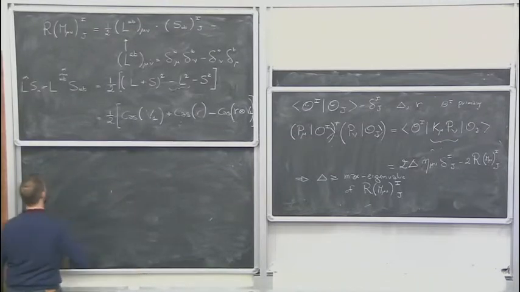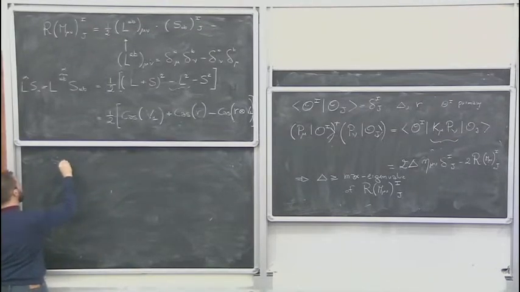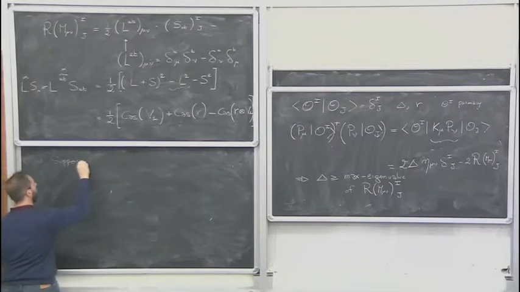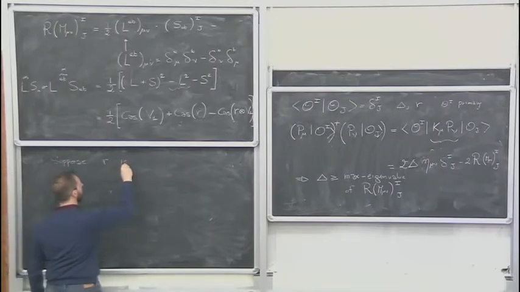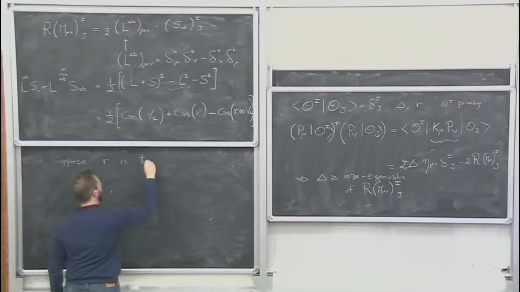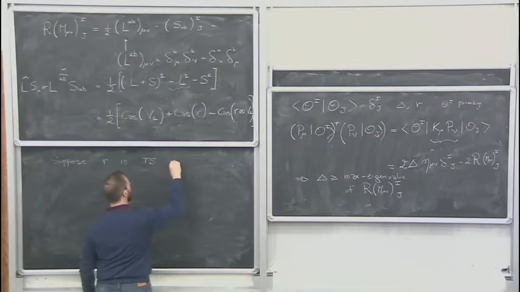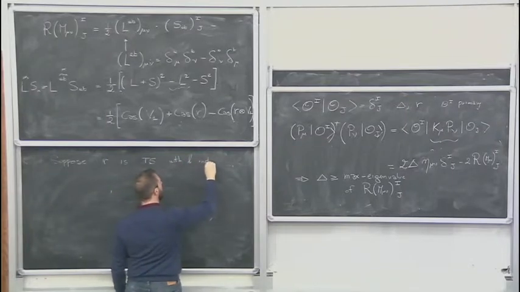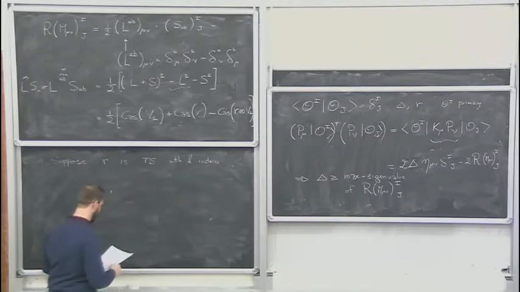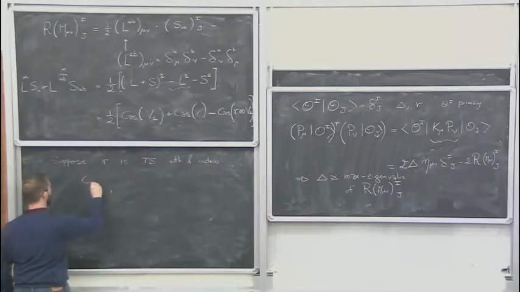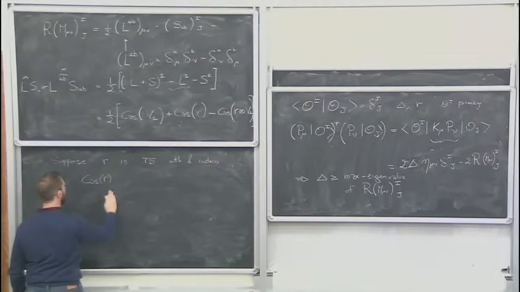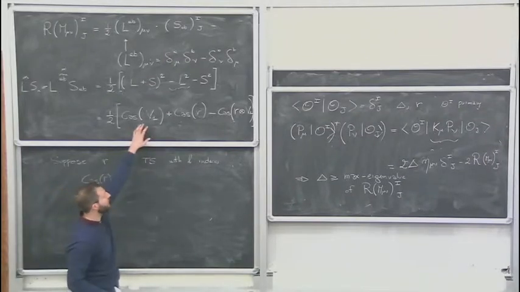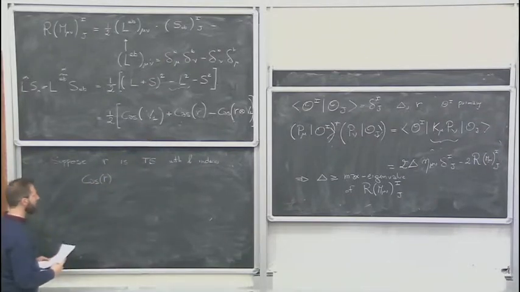Suppose little r is the traceless symmetric representation with L indices, then the Casimir of R, particularly V1 is such a representation with L equal 1.